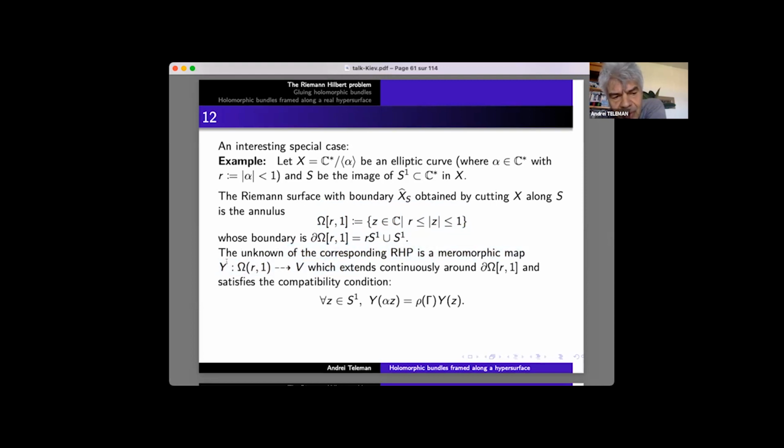This time, what we are looking for, we no longer have a y plus and y minus.